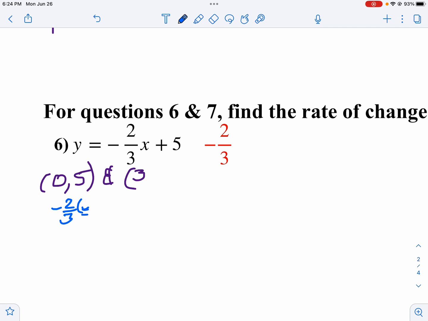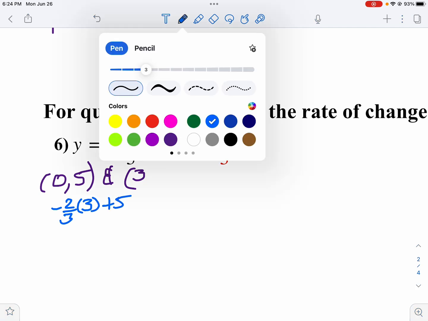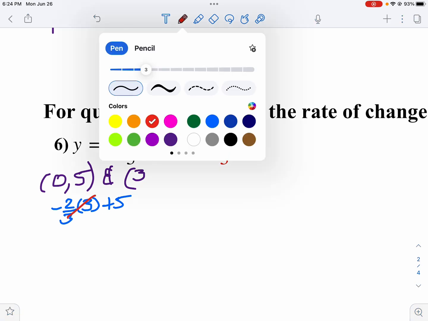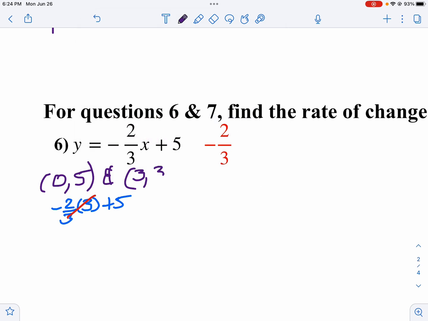Let's try erasing that, write that again. Okay. Times 3 plus 5. Notice my 3's reduced, so I really get negative 2 plus 5, which turns out to be positive 3. So now I can use my slope formula.